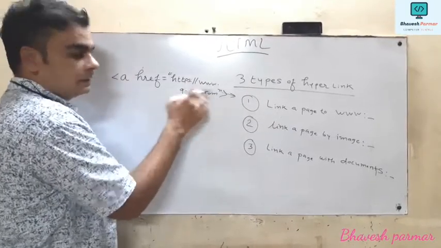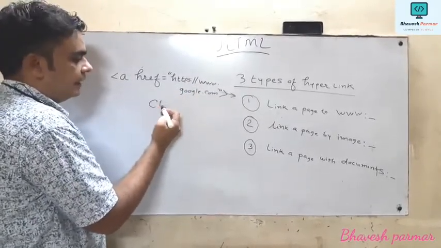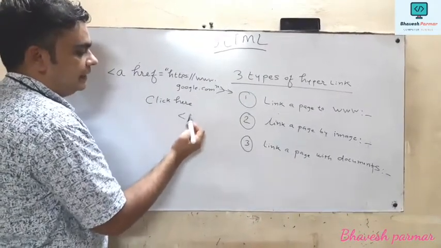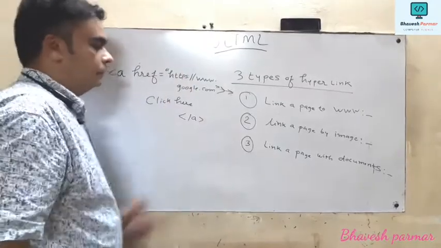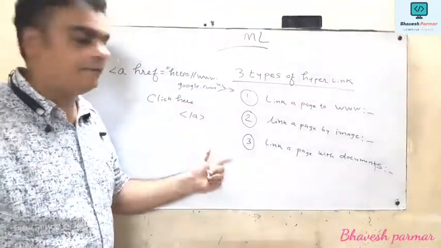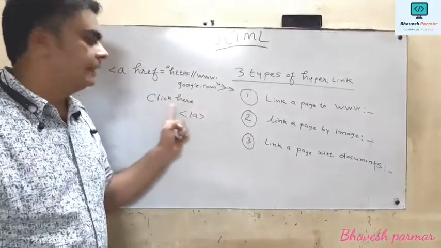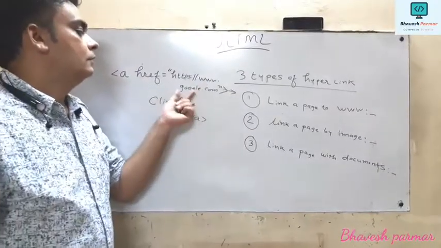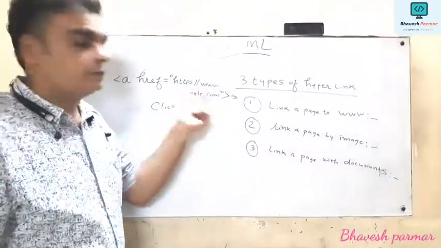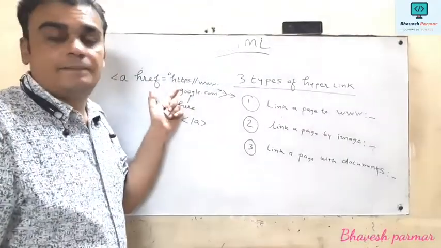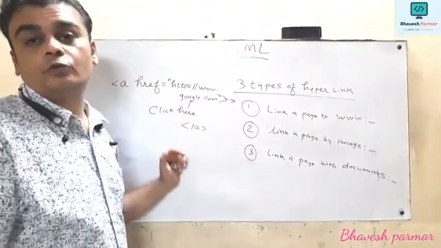So this is my path, and here I am going to write the text, click here, and /a. So what happened? This text is displayed in my web page, and whenever I click on this text, click here, it will open the google.com website. So our web page is directly linked with the Google website, and it will show you on screen.